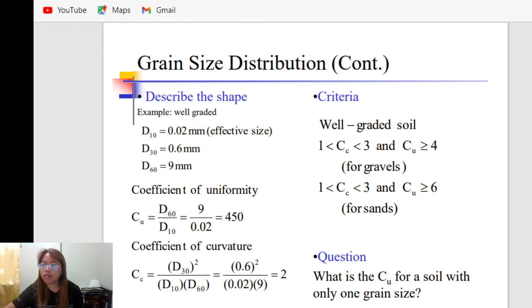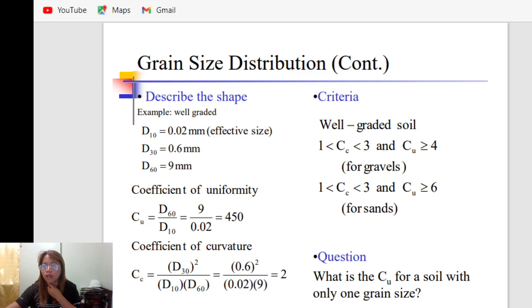For the criteria for well-graded soil, the C sub c, or the coefficient of curvature, should be within this range, and C sub u for gravels is greater than or equal to 4. And for sands, the C sub c, the coefficient of curvature, is within 1 to 3, and C sub u is greater than or equal to 6.